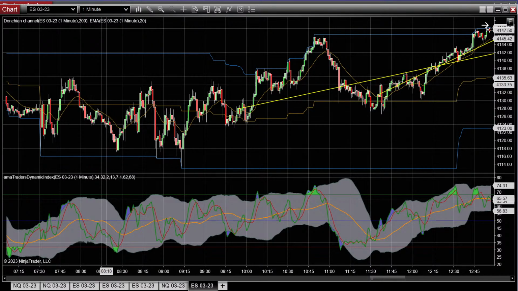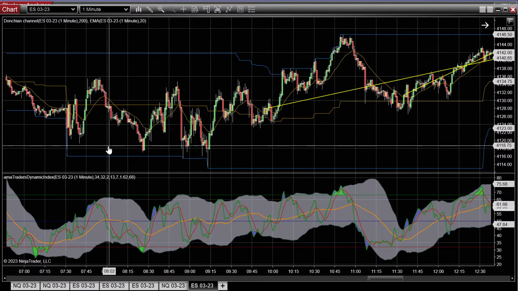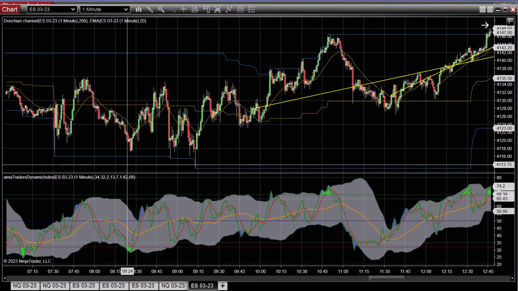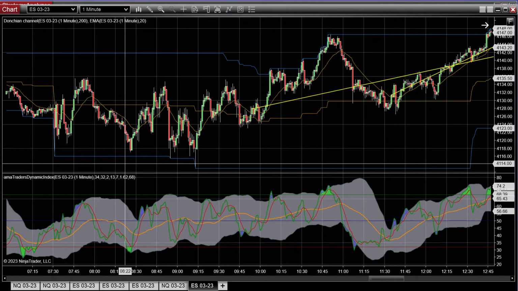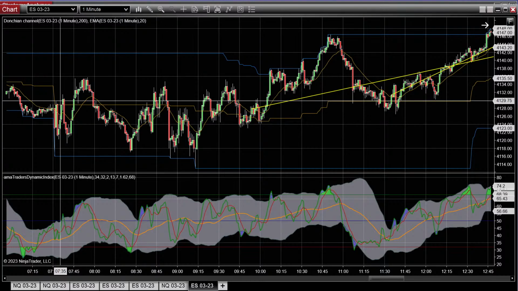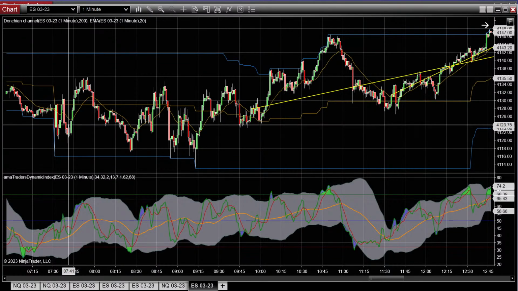Like if we look at this chart right now, just the price crossing over the 20 period EMA could happen in a downward movement as well. But what you're adding onto here is the Traders Dynamic Index and the Donchian channel, right?